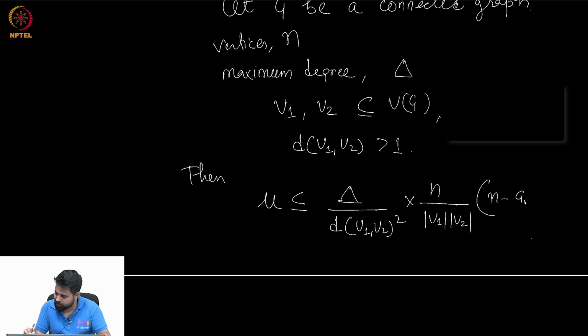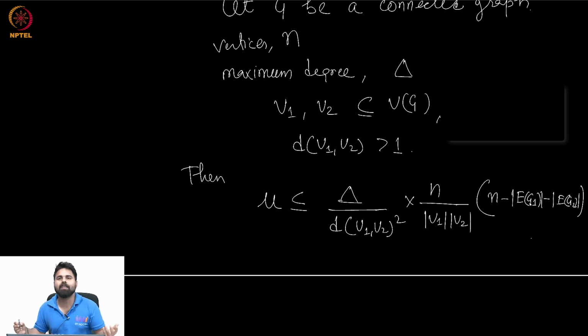So let me write it clearly: n minus |E(G1)| minus |E(G2)|. G1 and G2 are nothing but the induced subgraphs on V1 and V2.